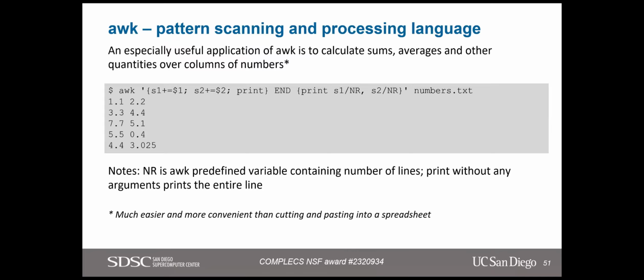We also can use another predefined variable, NR, which stands for number of rows, to find the average of those columns. So we print, we're adding all the columns as we go through. There's 4 columns, you can kind of see they add up, and then at the very end we have the average of those 2 columns.